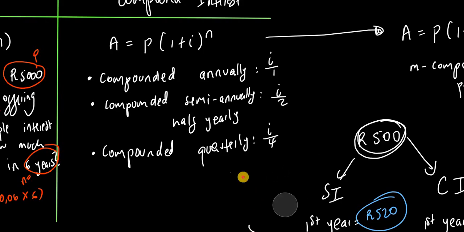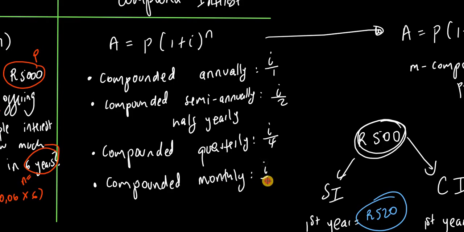Okay? And then if it is compounded monthly, that means you divide your I by 12, which means every month you are earning interest. You understand? Every month you are earning interest.